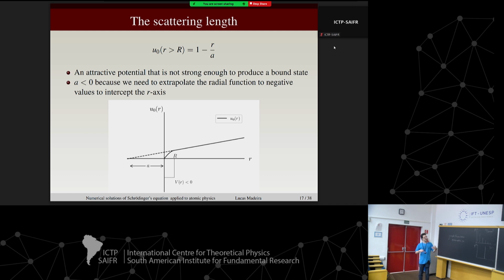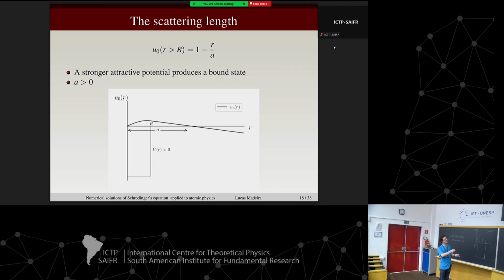Probably I should have shown you the next slide first, but this happens when you have some attractive potential that's not strong enough to produce a bound state. So this is not a bound state. This has positive energy, okay? What happens if I increase a little bit the depth of my potential? If I make a well that's deeper than the one before, what can I have?